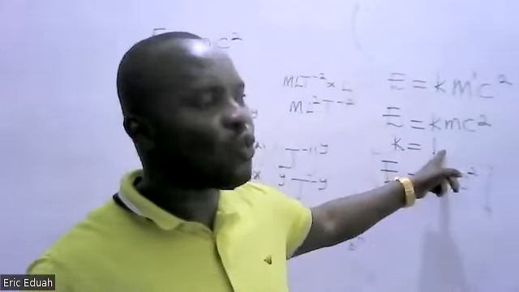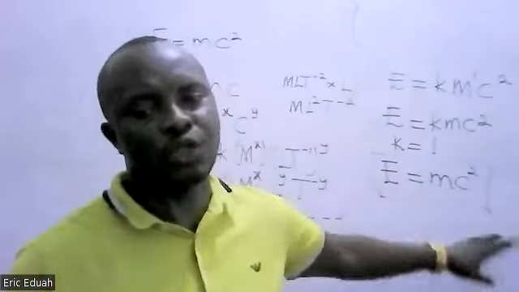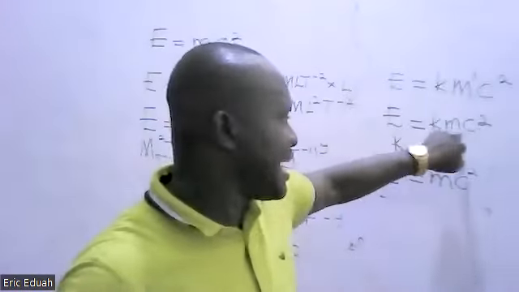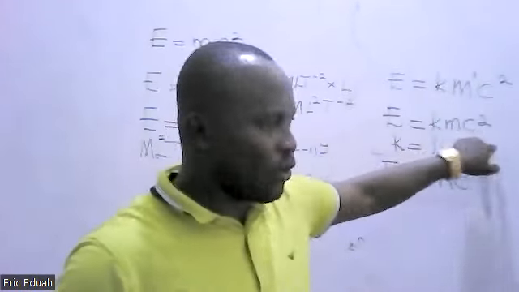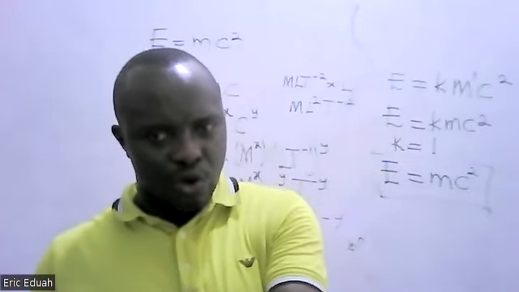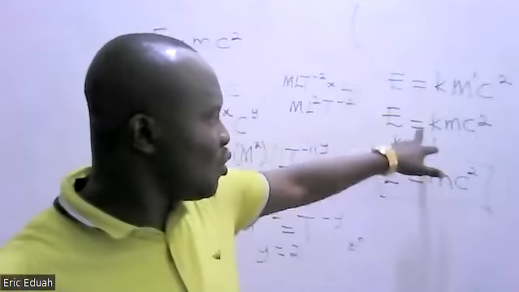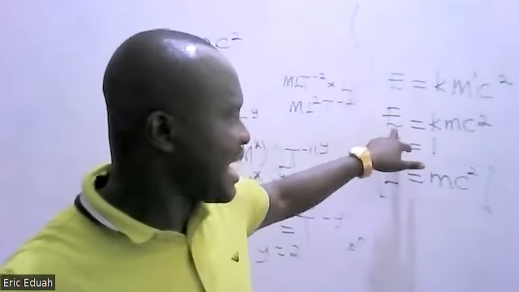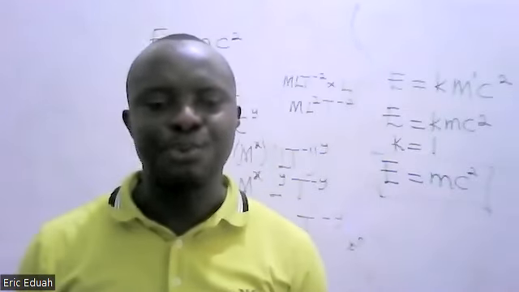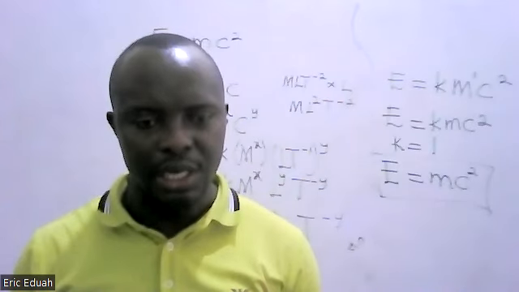Here, k is equal to 1 because I know the equation is actually E is equal to MC squared. But you can get k to be equal to 1 when you consider the SI units of all the quantities in there. So I'm telling you this because I know what the equation is. But if you present your final answer as E is equal to KMC squared, you won't be punished for doing that. That's the correct thing you are doing. Are you okay?